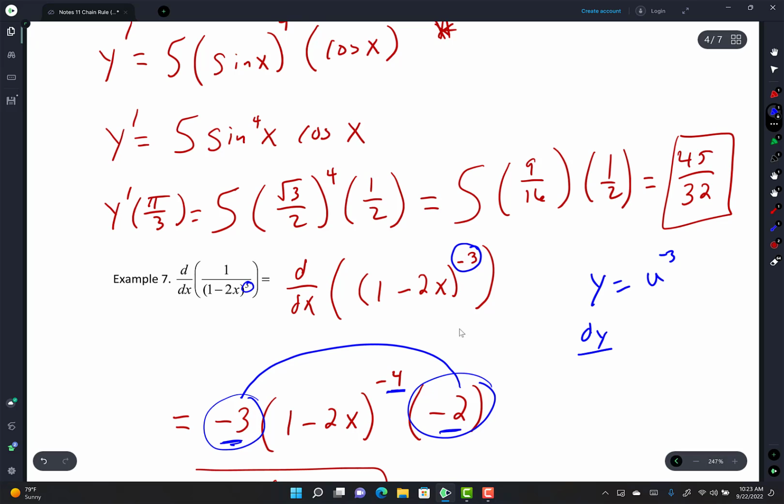So u to the -3, dy du equals -3 u to the -4. Do you see that or no? Yeah, I just left the numerator alone.